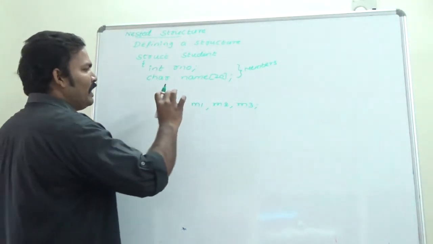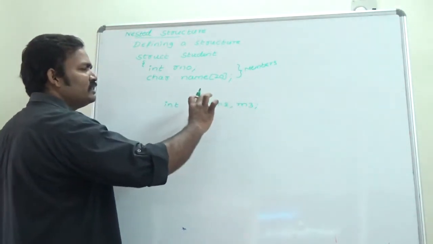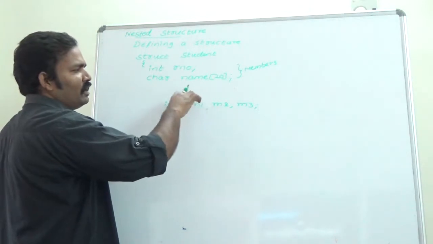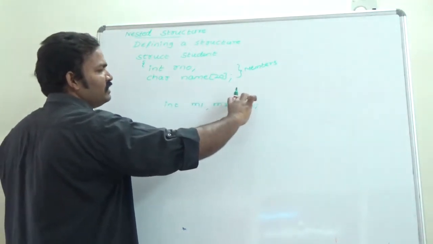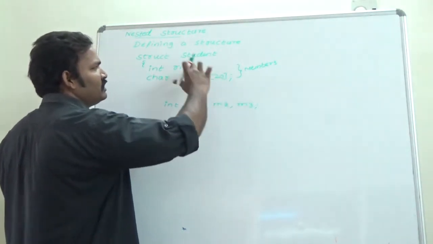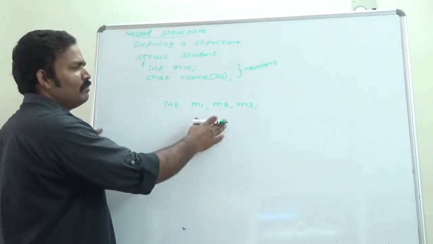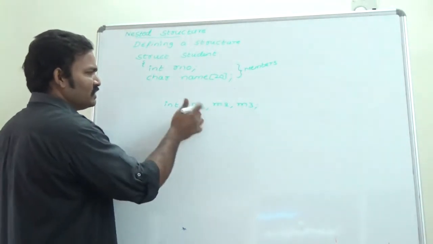Here I want to place these 3 variables inside another structure. I don't want to place these members in the student structure. So I want to place these 3 members inside another structure.